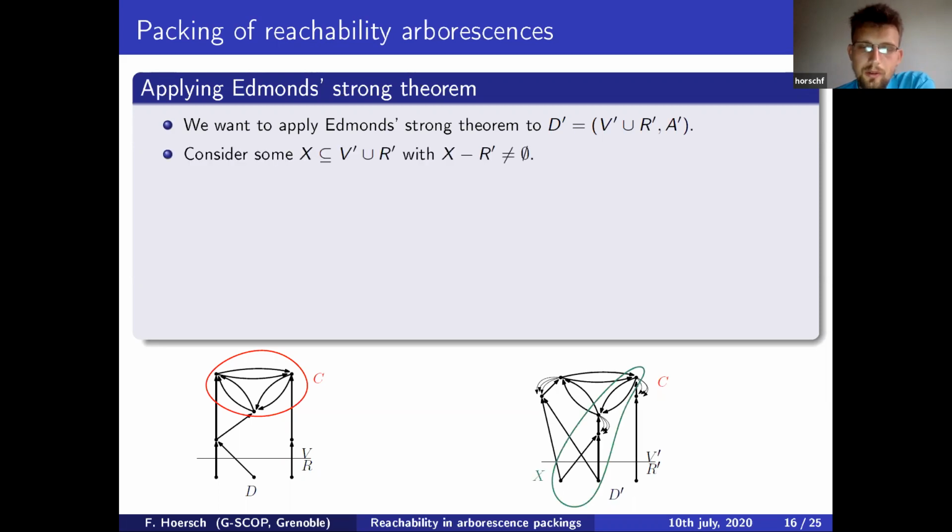So what I need to show is I need to take some arbitrary subset of V prime union R prime that is not only in R prime, and I need to show that its in-degree is sufficiently high. That's the condition for Edmonds' strong theorem.